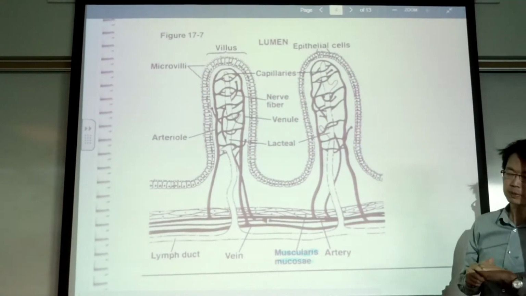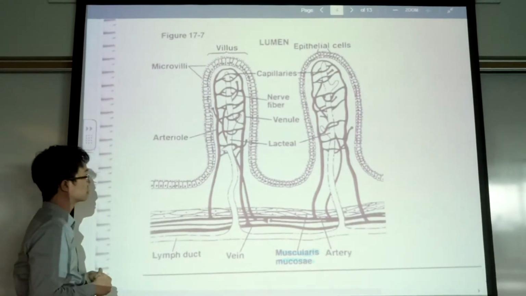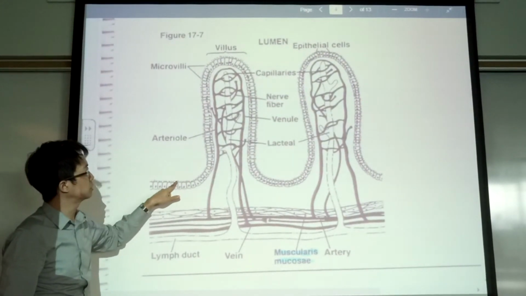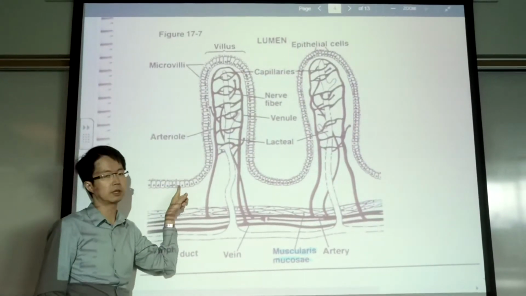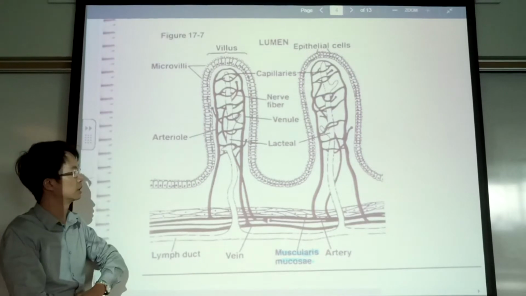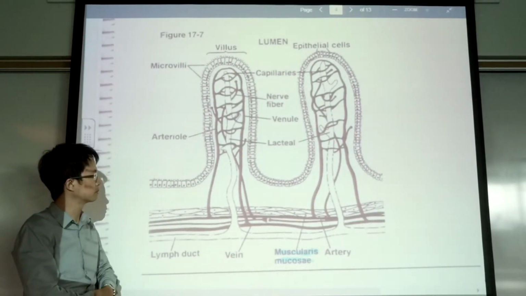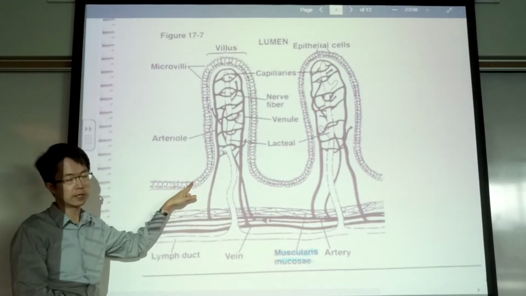You should have learned about this in anatomy. So the so-called epithelial cell here, does anyone remember the name of the tissue? These are not cilia, these are the microvilli.